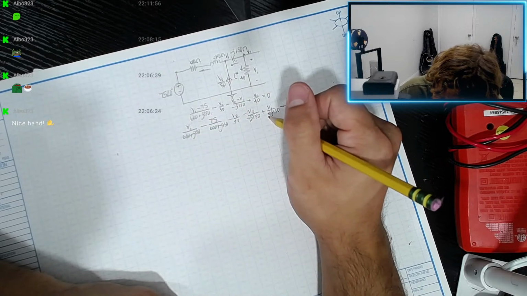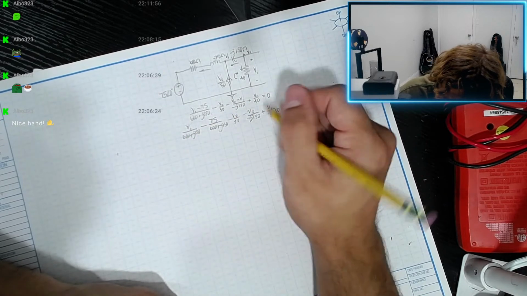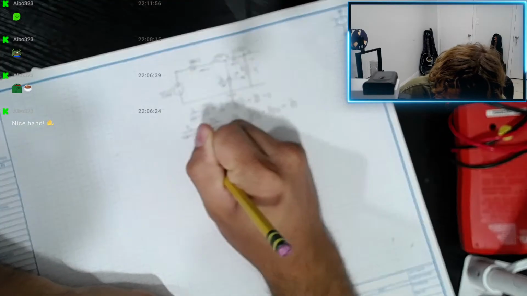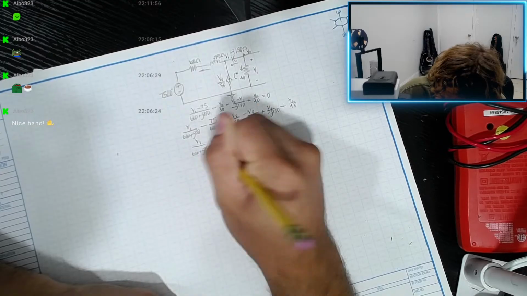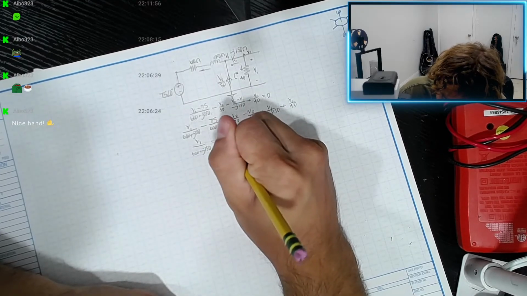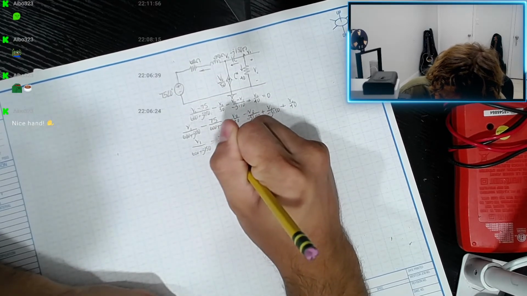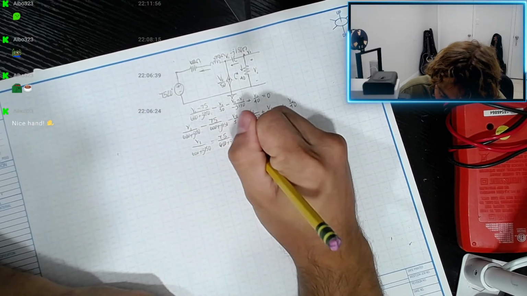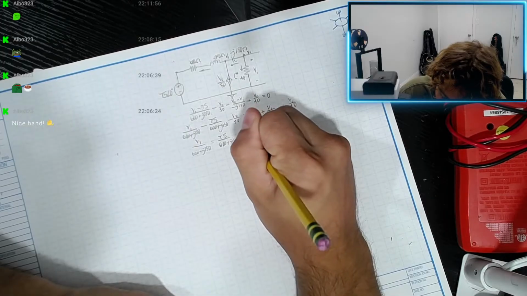Okay, yeah, I would want to do that. So V1 divided by 600 plus J150 equals positive 75 divided by 600 plus J150 plus V out over 50.